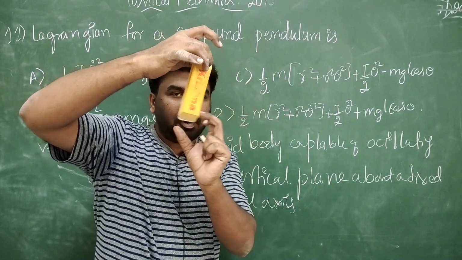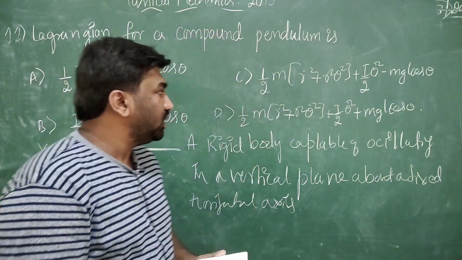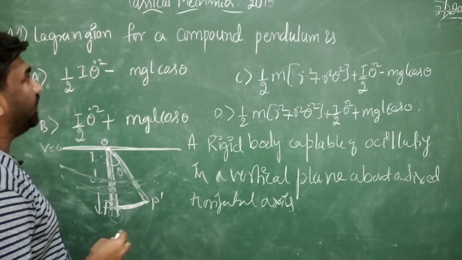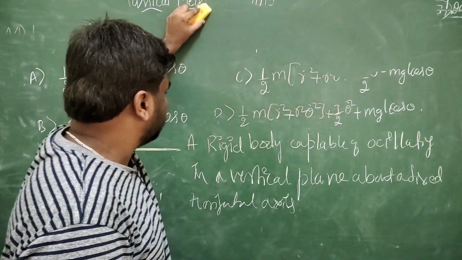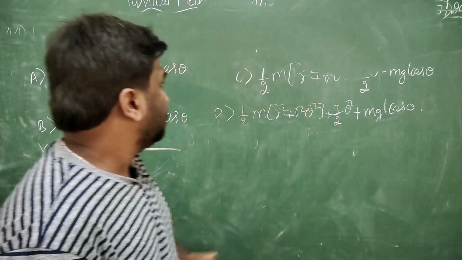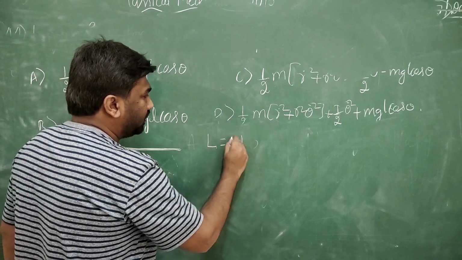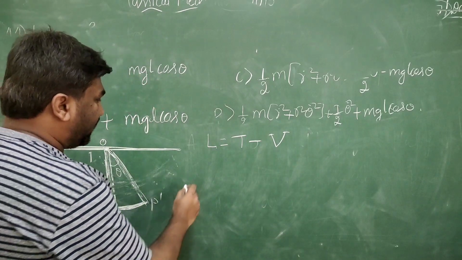So, for this type of a rigid body, we should calculate the Lagrangian. We know that the Lagrangian is nothing but kinetic energy minus potential energy. So what is kinetic energy?